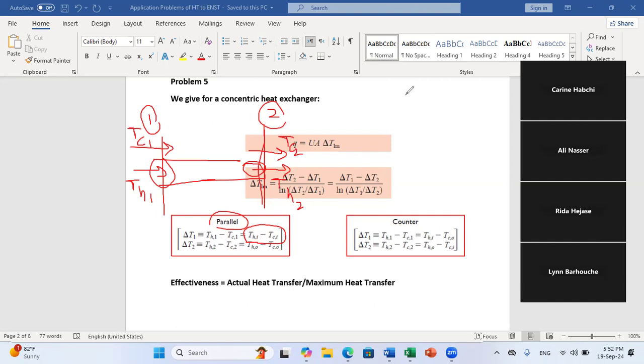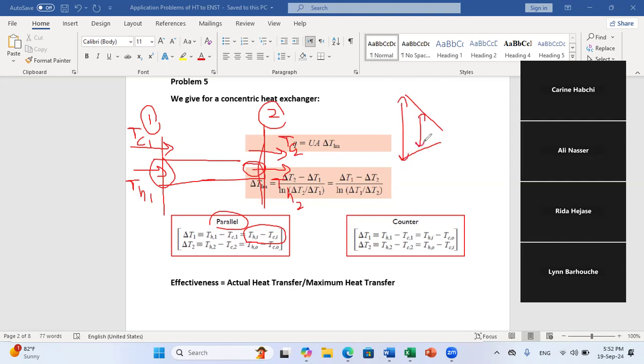will be reduced, and the temperature of the cold fluid will be increased, but always you will have that the difference in temperature between the two is reduced as you go through the heat exchanger.